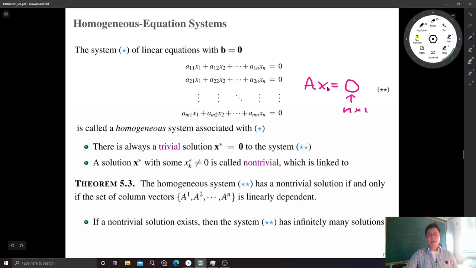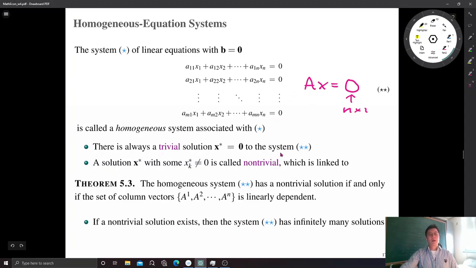And for this type of system, we always have a solution, the trivial solution, that is the zero vector, the zero matrix. By the definition of the zero matrix, no matter what the coefficient matrix is, multiplication gives us the zero matrix. So we have this solution always, irrespective of the coefficient matrix.